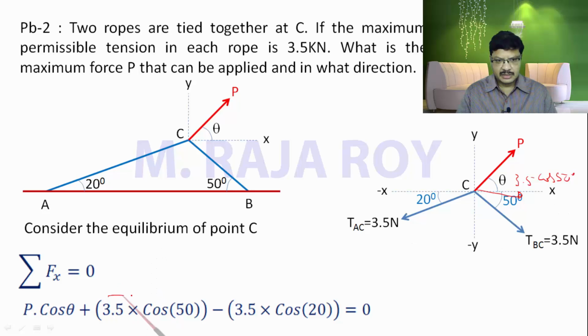Now if you take this particular force, its x component will be 3.5 cos 20 in the negative direction, minus 3.5 cos 20. That is equal to 0, because this is in equilibrium. That's why we can find the P value. So equilibrium means sigma Fx equal to 0, equate this to 0.